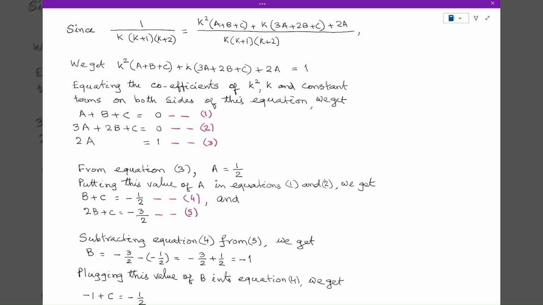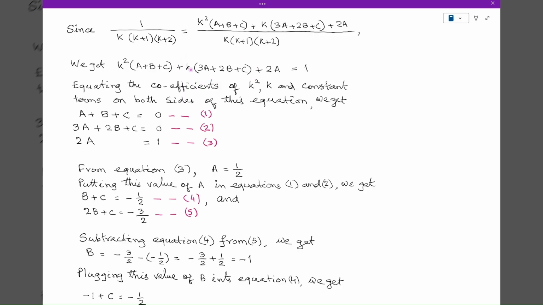Since k cannot be 0, why can k not be 0? Because if k becomes 0, this term becomes indeterminate, so k cannot be 0. Since k cannot be 0, we get a plus b plus c has to be 0. Similarly, there is no k term on the right hand side, hence this term also has to be 0.